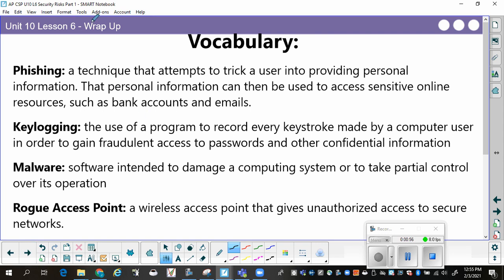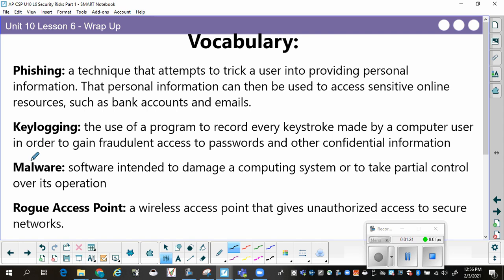Last class, in Unit 6, we learned about phishing, which was a technique that attempts to trick a user into providing personal information. That personal information can then be used to access sensitive online resources such as bank accounts and emails. Keylogging is the use of a program to record every keystroke made by a computer user in order to gain fraudulent access to passwords and other confidential information.